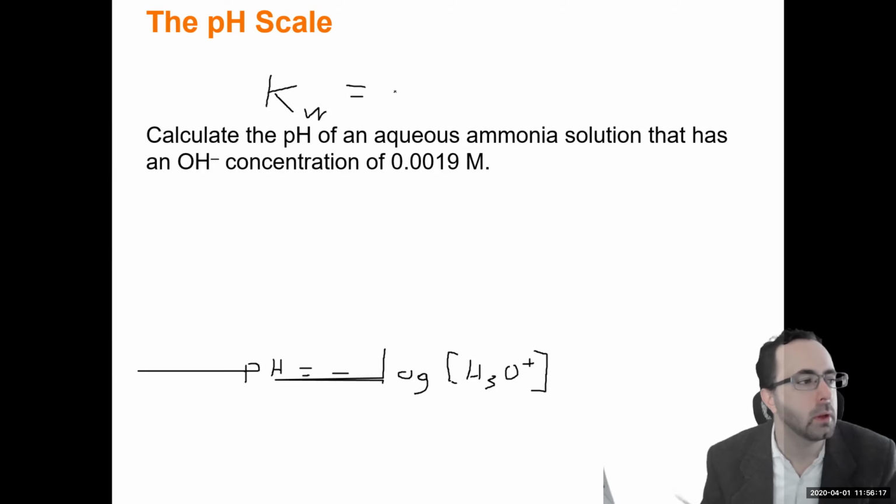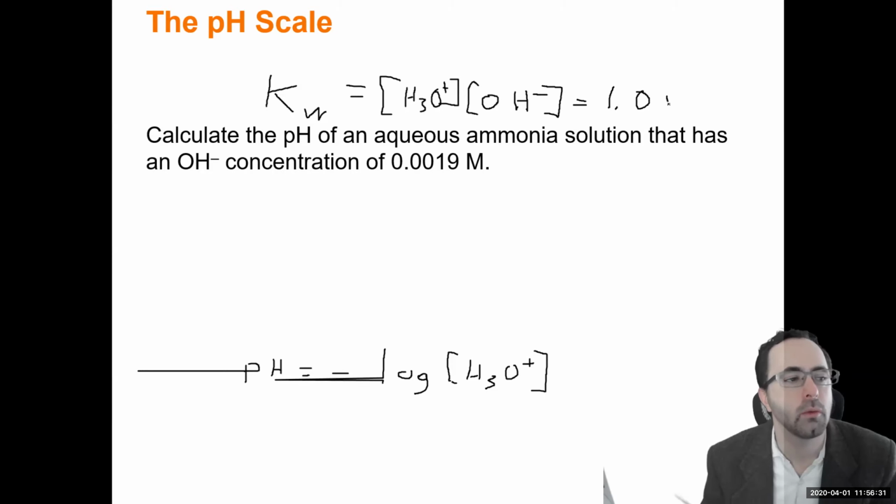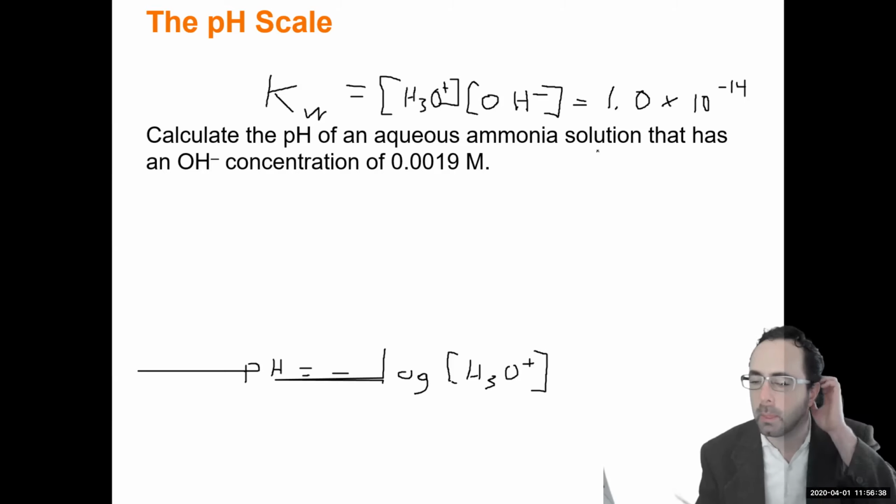Kw is hydronium concentration times hydroxide concentration. And that is always 1 times 10 to the minus 14 as long as we're at room temperature. Of course, equilibrium constants do change with temperature.